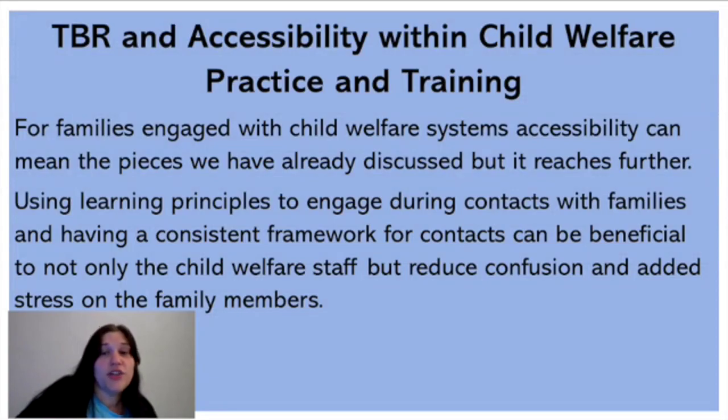So we are training child welfare staff to utilize principles and a framework within their visits to help be consistent, and to help the families know what to expect if they're meeting with the same person or different people from the agency multiple times.